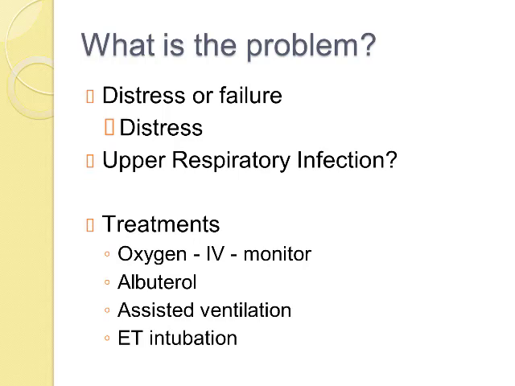So is this distress or failure? I'm going to go with distress. Probably upper respiratory infection. My treatments are going to be for sure oxygen and monitor, maybe some albuterol. It's hard to say for sure what is exactly going on, but I'm maybe going to have albuterol ready. Probably not going to hurt too much to try and open up a little bit. Assisted ventilation, intubation.